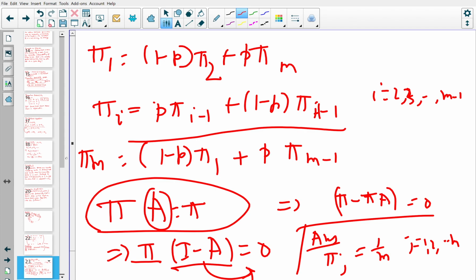So in particular, there is equal probability of using any door in the long run. Initially he may use some particular door, but if we follow this method of using the next door clockwise with probability p and anti-clockwise with probability 1 minus p, then in the long run he will use all the doors with equal probability, right?